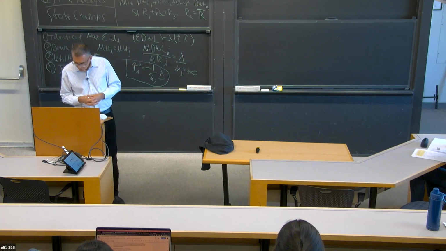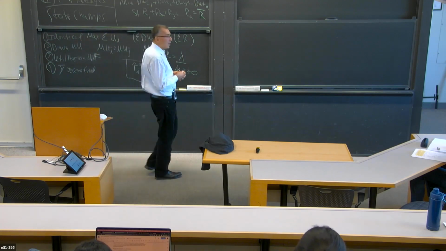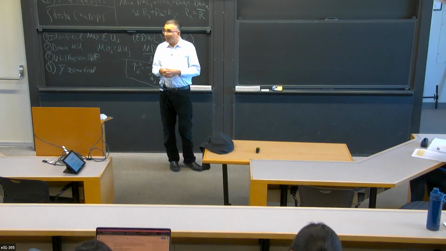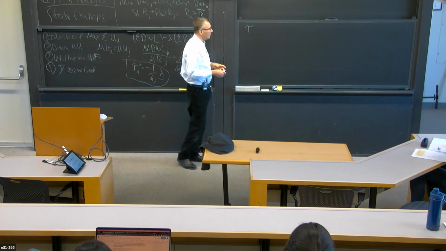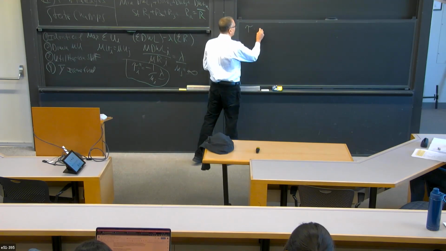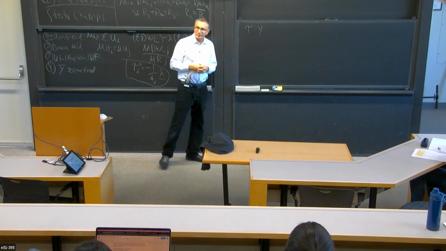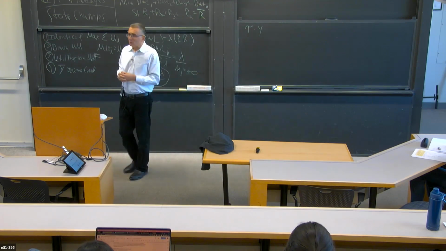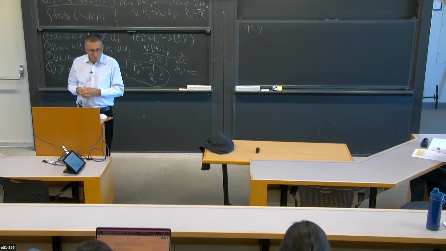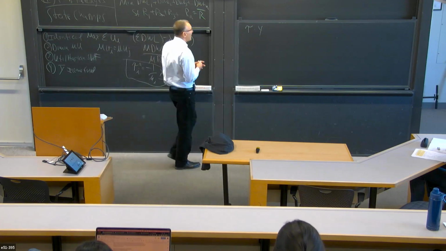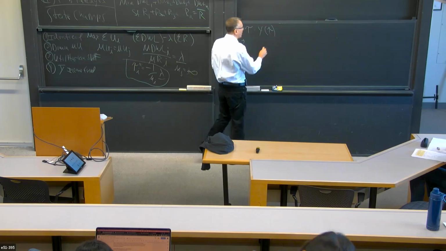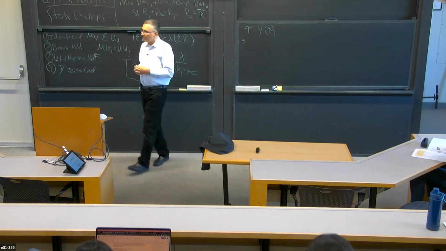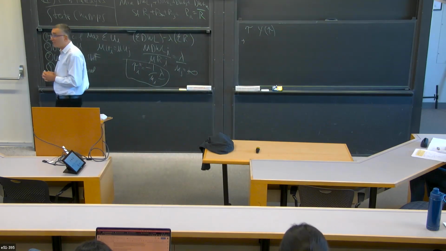So think about the tax on income. The revenues raised by a tax on income are the tax rate you impose times the total amount of income that's taxed. However, the total amount of income that's taxed is a function of tau.